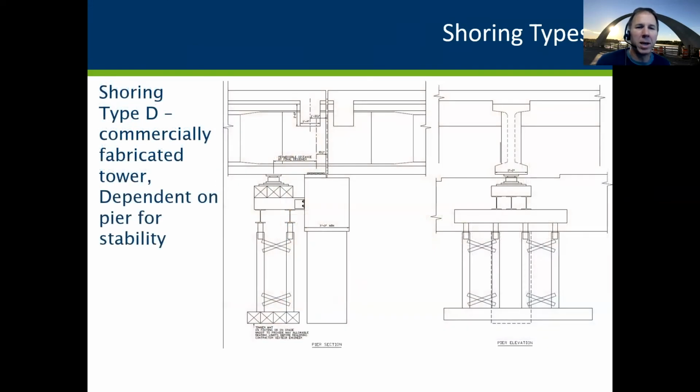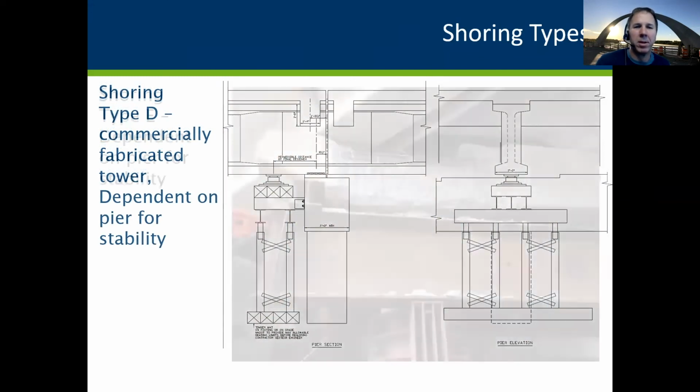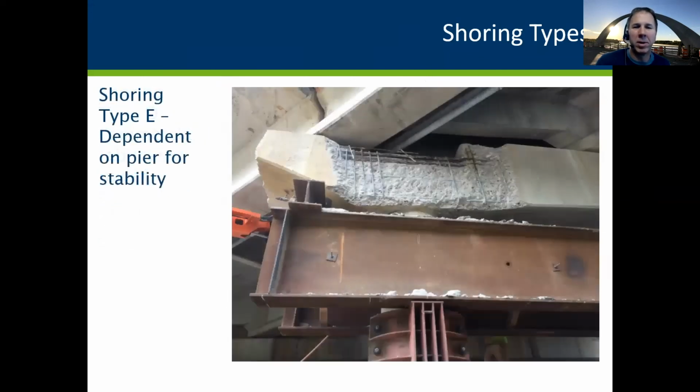For a type D, you may have a commercial tower, but then it's dependent on our structure for stability. And a type E is going to have more dependencies on our structure. So in this case, they clamped to the column, it was reliant on the column, and it was bracing the pier cap. So there's a lot more complexity there.